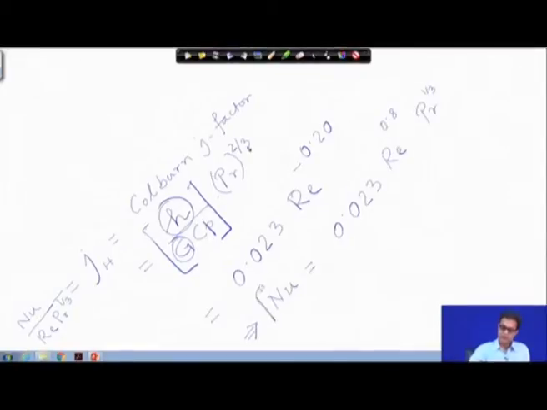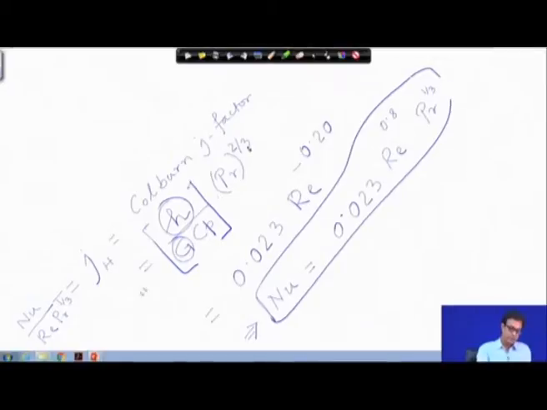So this is in terms of the Nusselt number, or in terms of the Colburn J factor, this is just J h equals, as we have said, 0.023 into Re to the power minus 0.2. Okay.